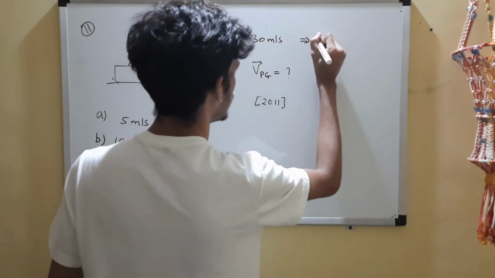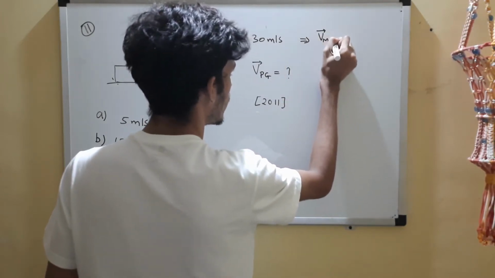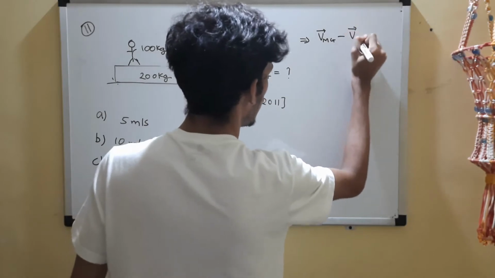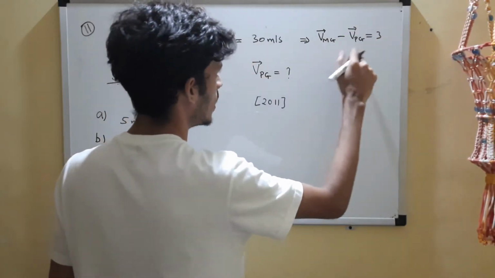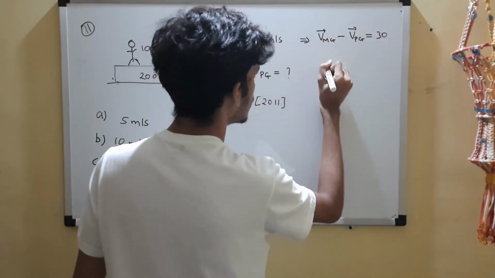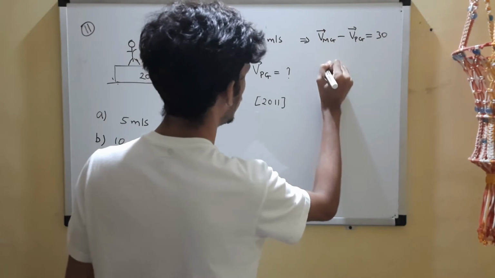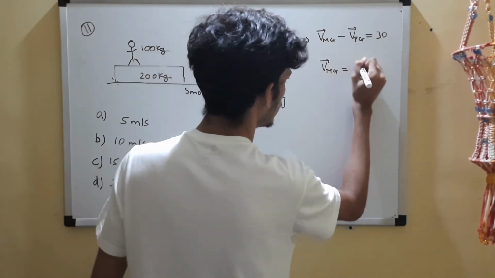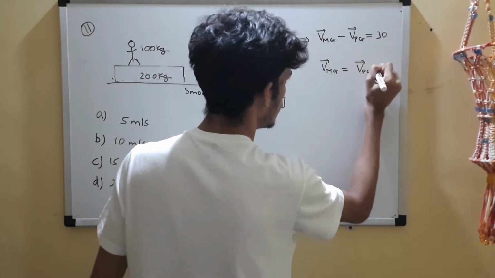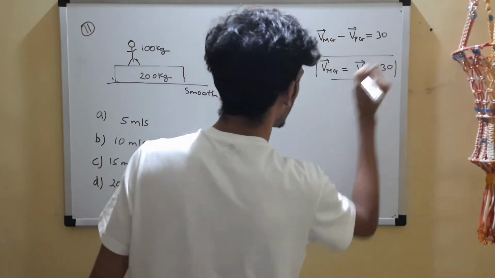Velocity of man with respect to platform is velocity of man with respect to ground minus velocity of platform with respect to ground, right? Vmp is Vm minus Vp. So velocity of man with respect to ground will be velocity of platform with respect to ground plus 30.